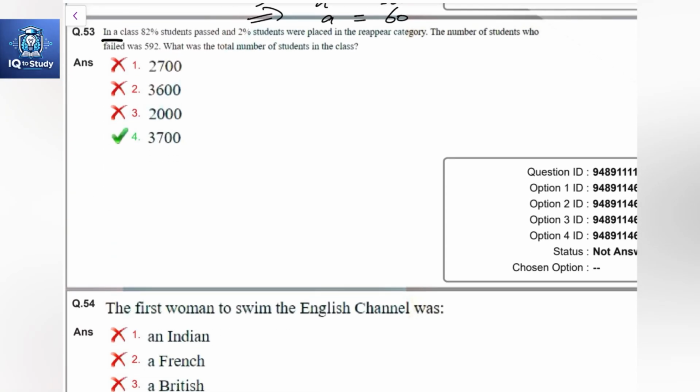In a class, 82% students passed and 2% students were placed in the reappear category. The number of students who failed was 592. What was the total number of students in the class?